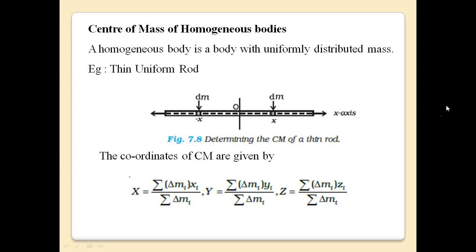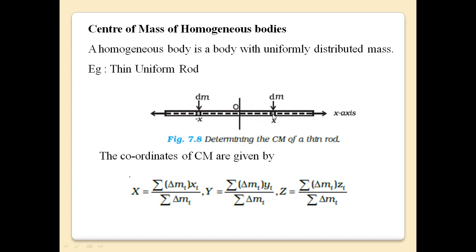Next, we will learn about the center of mass of homogeneous bodies. Now, what is a homogeneous body? It is a body with uniformly distributed mass. Here we will study an example of a thin uniform rod. We have the diagrammatic representation of a thin uniform rod, and we see O, the origin, is at the center.